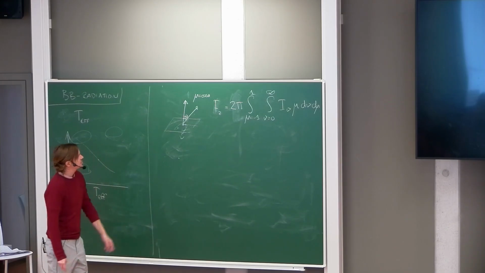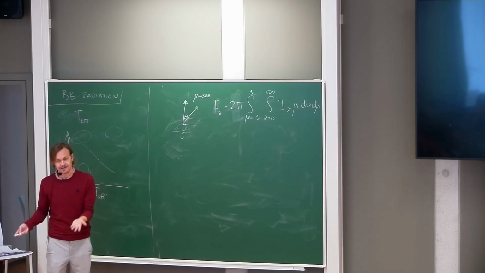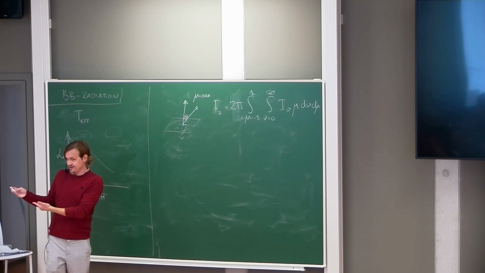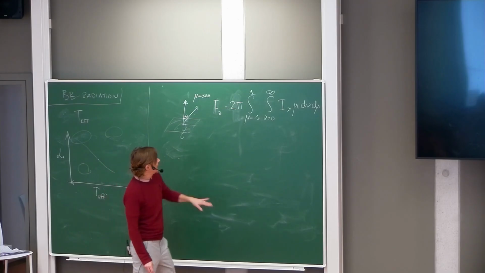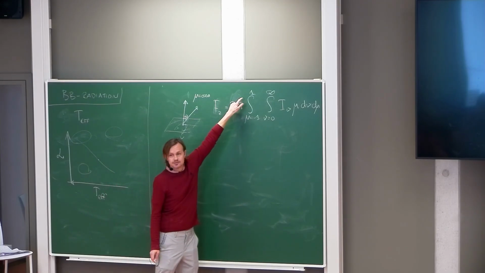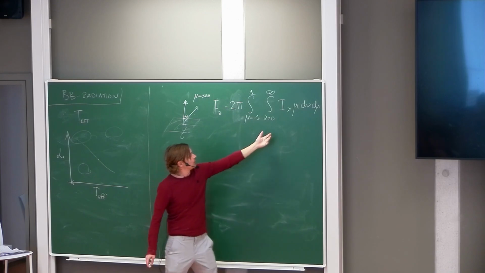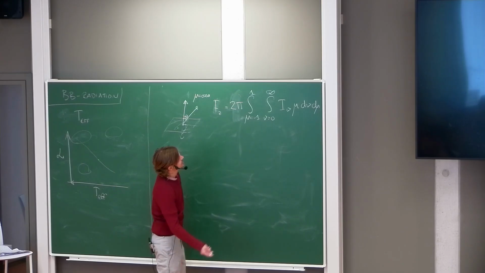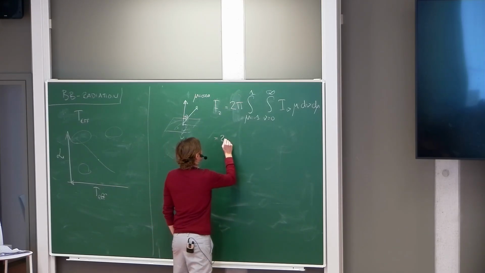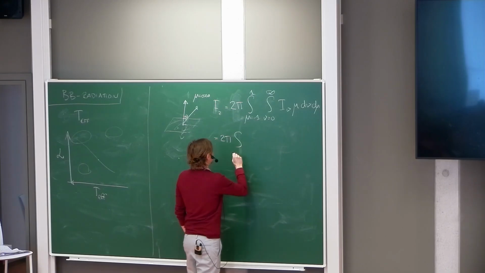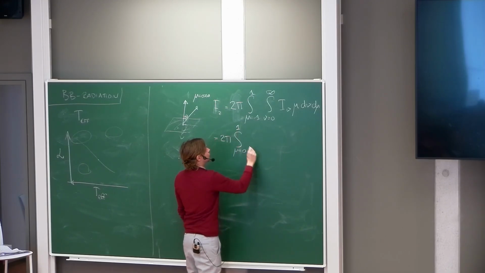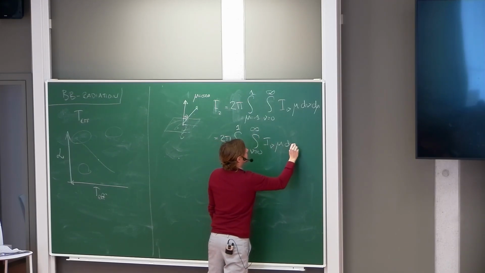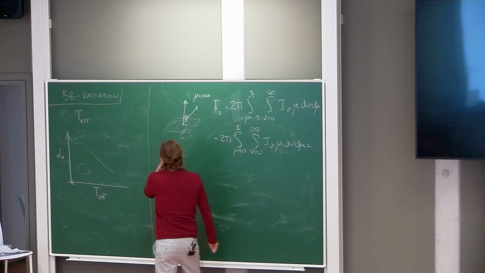Like we did in the first week of classes, in the generic context, the angles from -1 to 0 have intensity that is really 0, so they don't contribute to the integral. So the integral is just 2 pi, mu goes from 0 to 1, all frequencies, I nu, mu, d nu, d mu. Okay.